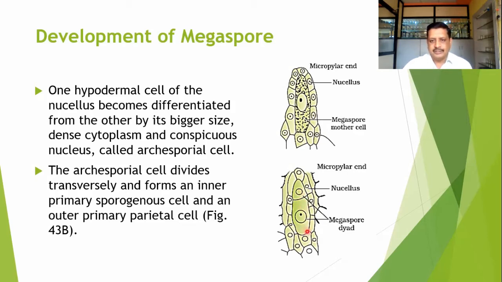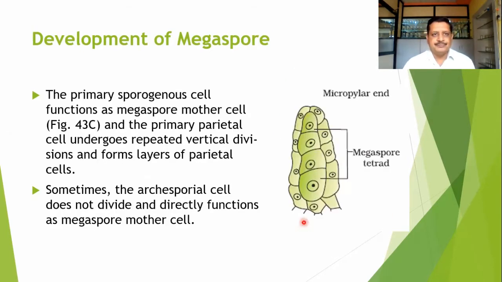This is the dyad stage where the transverse division of the cell has taken place, and then vertical divisions where the parietal cells are developed. The lowermost cell is the megaspore cell.